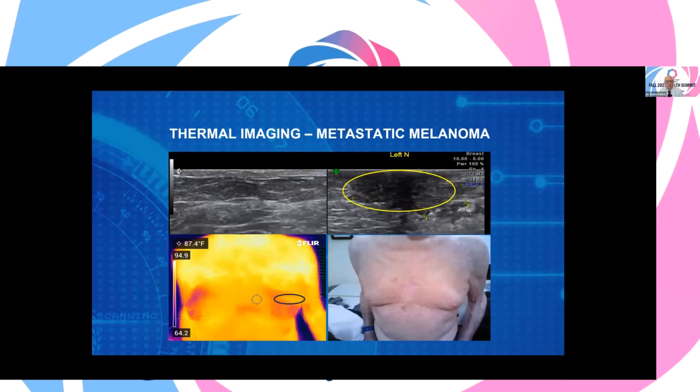Once again, we have a beautiful top left scan showing you the skin of the good side, and the left nipple. Visually, you see there's something on the patient's skin, but notice the ultrasound shows a huge wedge-shaped area of black.